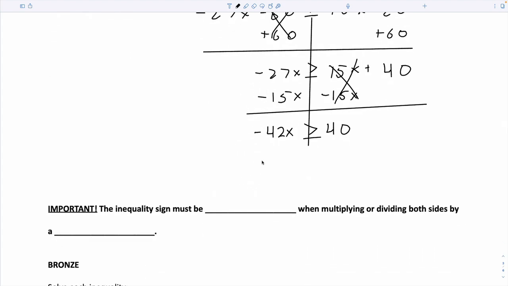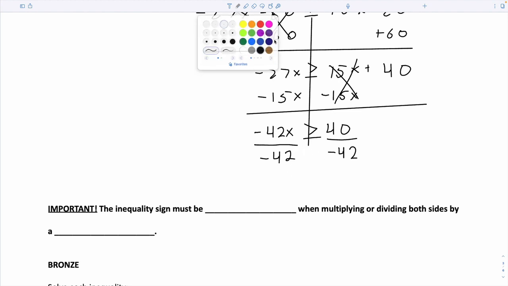Here's your trick that a few of you alluded to. The moment you have a negative number that you multiply or divide on both sides, you need to flip the inequality to reverse it. So if you divide by a negative on both sides, this inequality flips from a greater than or equal to sign to a less than.